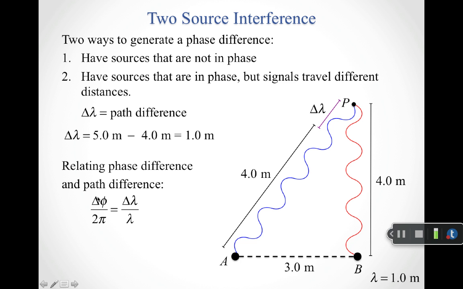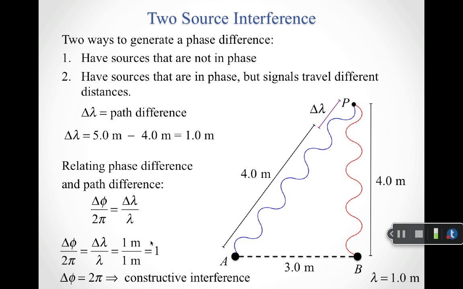And so what's important here is, again, phase is measured in radians. So basically I'm saying 2 pi radians takes me all the way around the circle. So what I'm interested in is, the phase difference is what fraction of all the way around the circle. That ratio is going to be the same as the path difference over the wavelength itself.